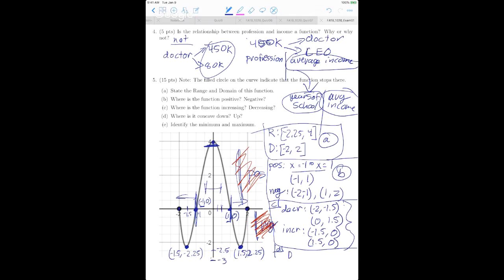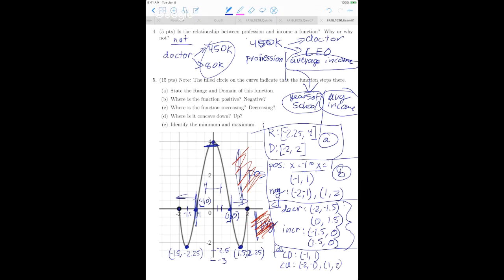I can write concave down from x equals -1 to x equals 1. And then it's concave up kind of elsewhere. Concave up from -2 to -1, and from 1 to 2.